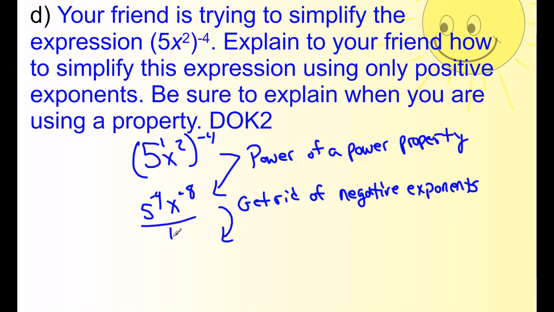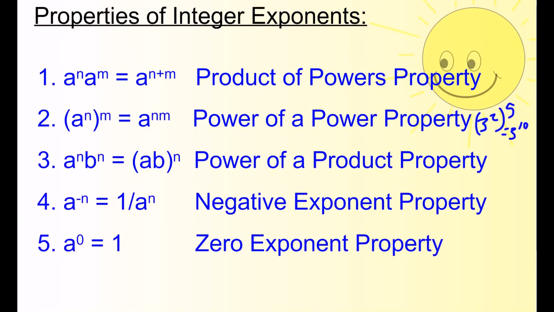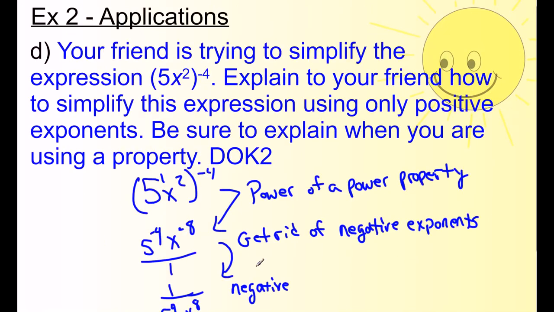So there's my fraction bar. I'm going to get 1 over 5 to the 4th times x to the 8th, and that is the negative exponent property.